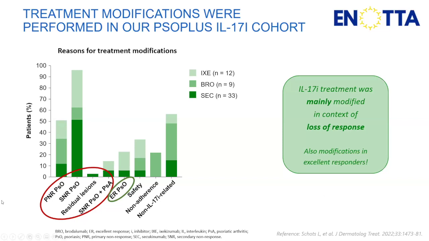We have patients with residual lesions, and patients with a flare of their psoriasis or psoriatic arthritis. To a lesser extent, we have a subset of patients who are excellent responders to biologics. Those are the reasons why we changed the dosing regimen or the treatment in psoriasis.